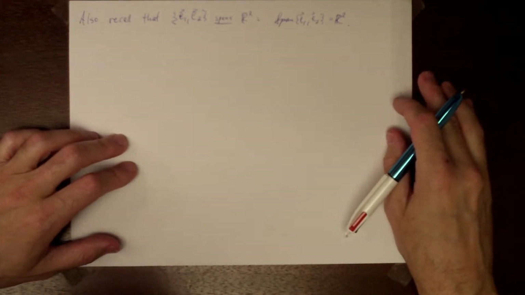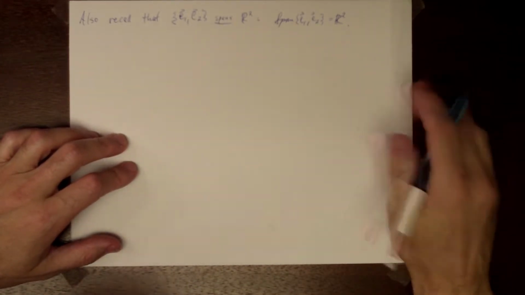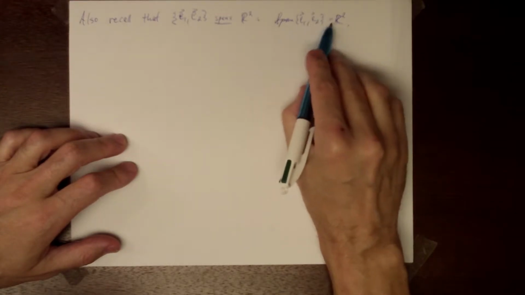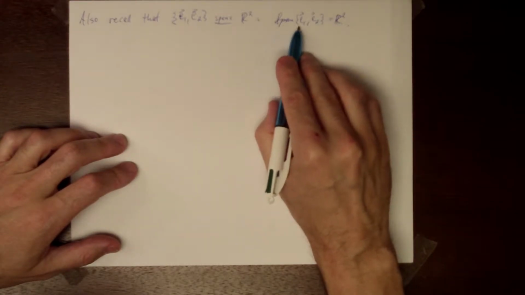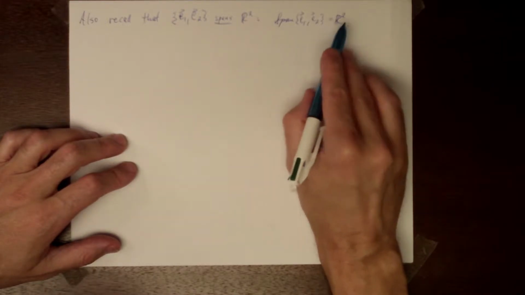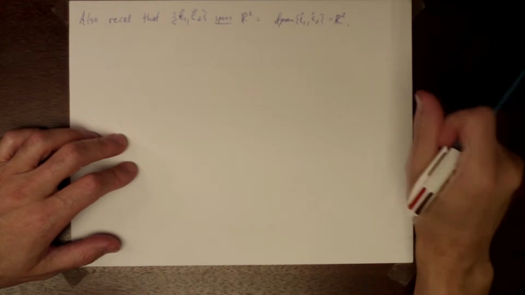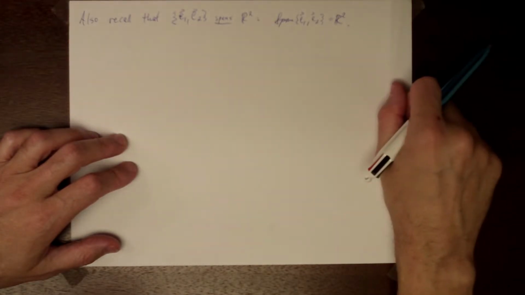So what does that mean again? Well, any combination of the vectors E1 and E2 is going to be in R2, so the span of E1, E2 will be a subset of R2, certainly by the closure properties that apply to any vector space, like R2.